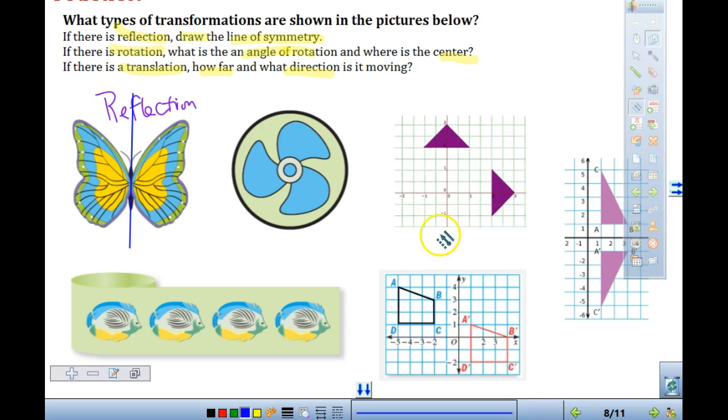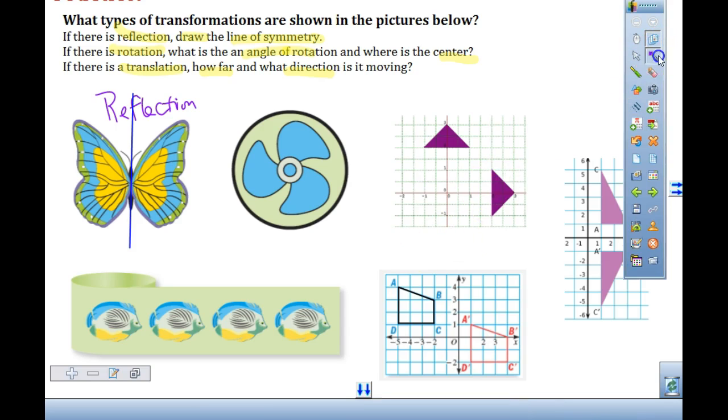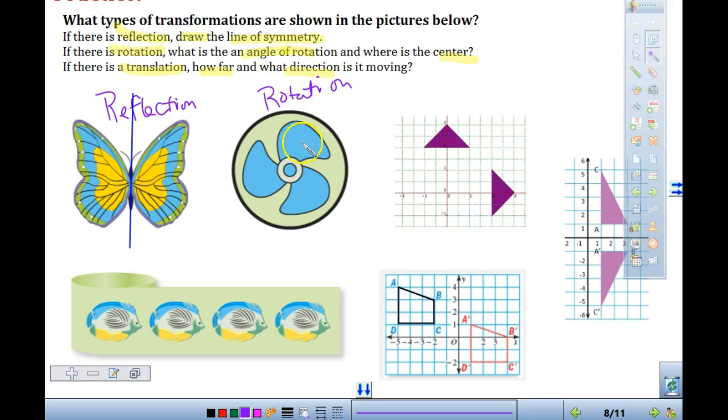If you are looking at the circle one, that next one going around, kind of like a fan, we would say that one is a rotation. If it's a rotation, we need to tell the angle and say where the center is. Obviously, the center is right here. And how many degrees is it rotating to get from this point to over here?